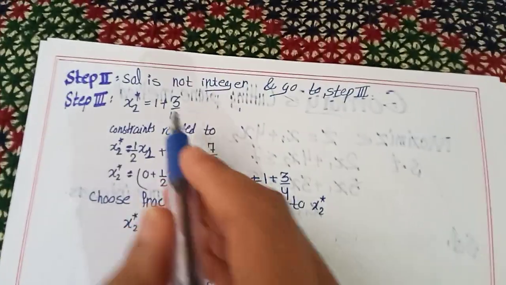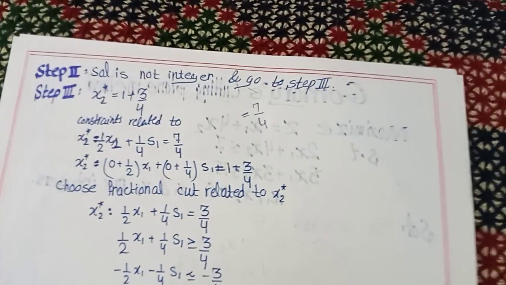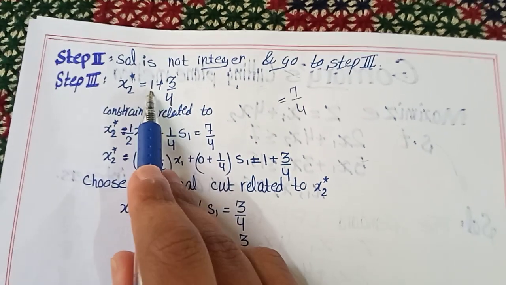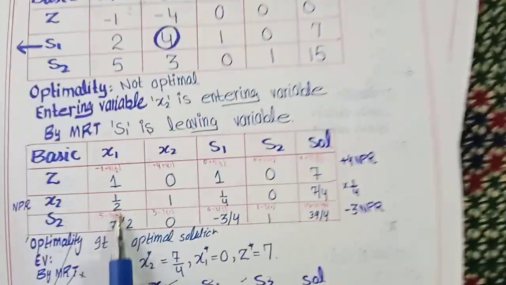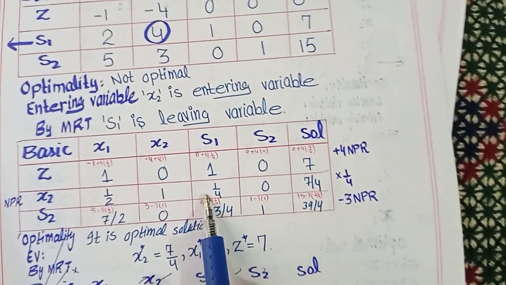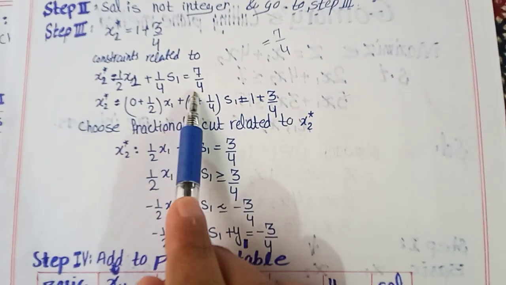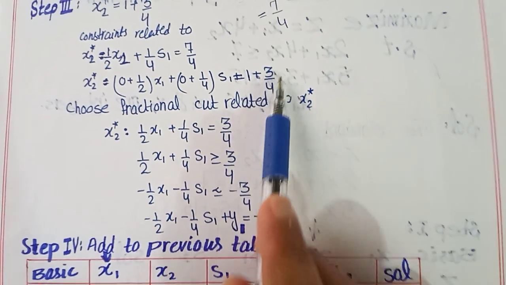x2 is equal to 7 over 4, and this is written as integral part plus fractional part: 7 over 4 is 1 plus 3 over 4. The constraint row is 1 over 2 x1 plus x2 plus 1 over 4 s1 is equal to 7 over 4, which can be written as 0 plus 1 over 2 x1, 0 plus 1 over 4 s1 is equal to 1 plus 3 over 4.